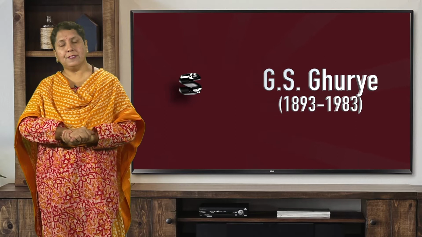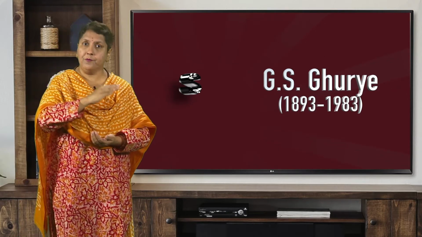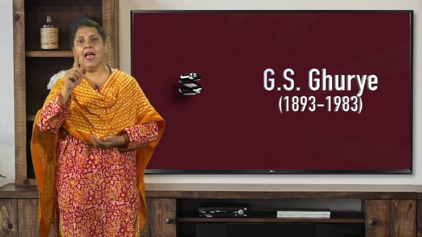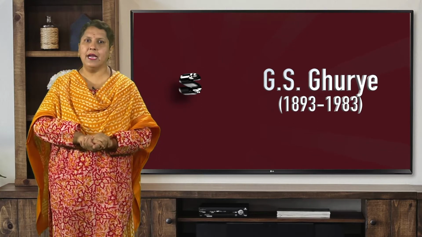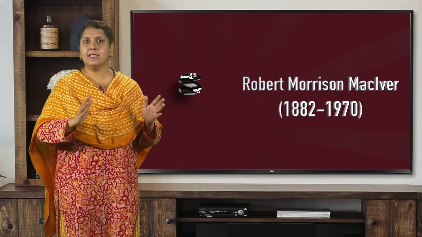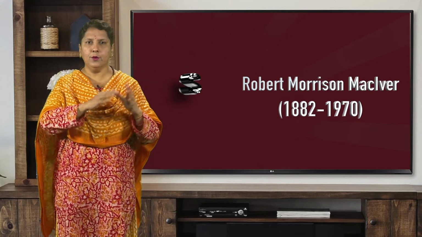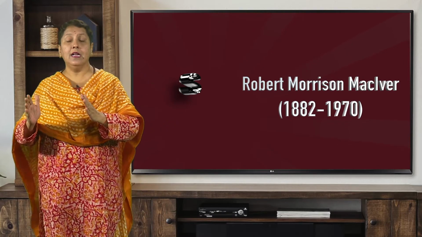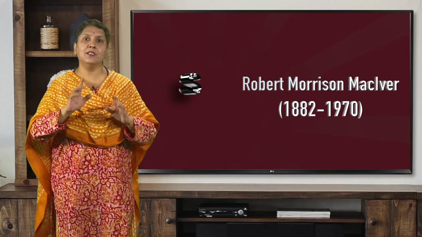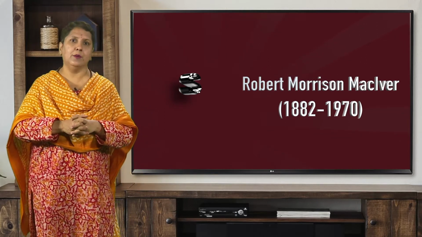G.S. Ghurye believes that urbanization is the migration of people from village to city and the impact it has on the migrants and their families. MacIver remarks that though communities are normally divided into rural and urban, the line of demarcation is not always clear between these two types of communities.